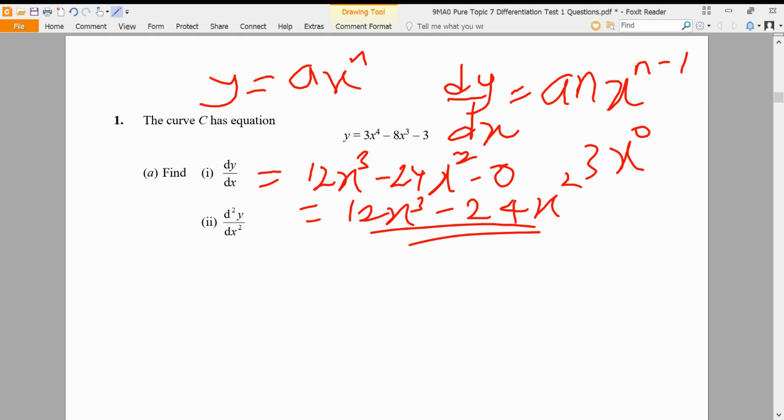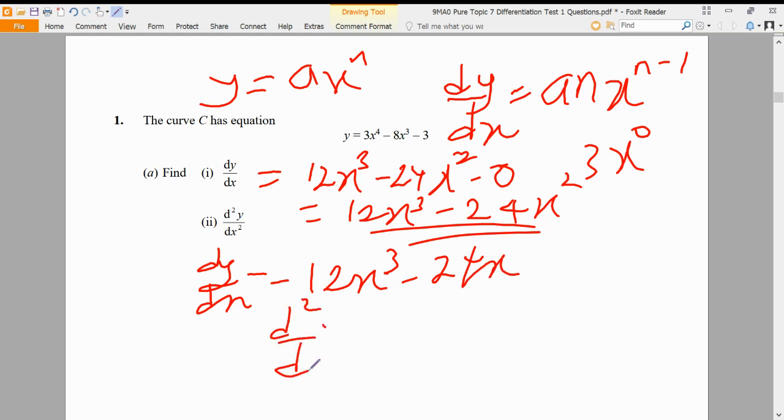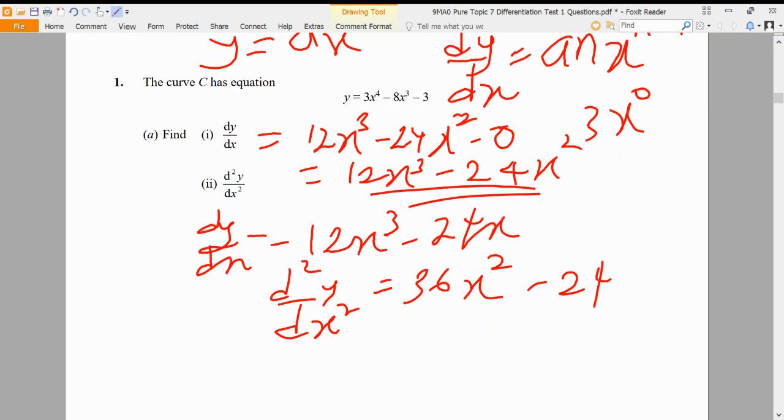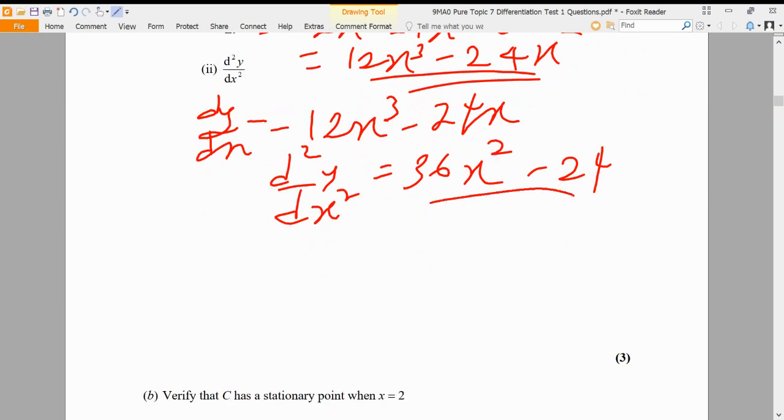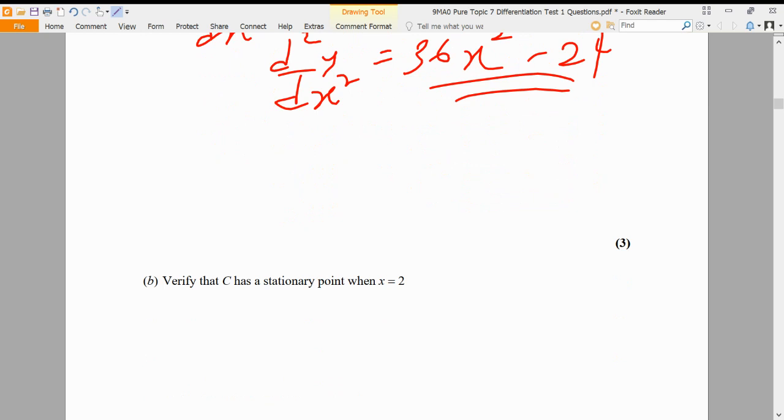So in that case, since your dy/dx is 12x raised to power 3 minus 24x, then it means that your d2y/dx squared will be, you have to differentiate this function, which is 12 times 3, that is what? 36x raised to power 2 minus 24. Okay, now, this is the solution to the second question. So let's quickly go to the next one.